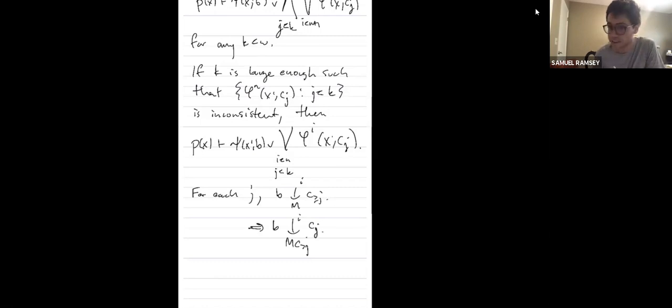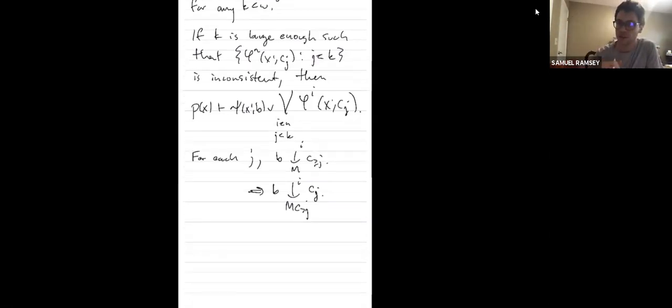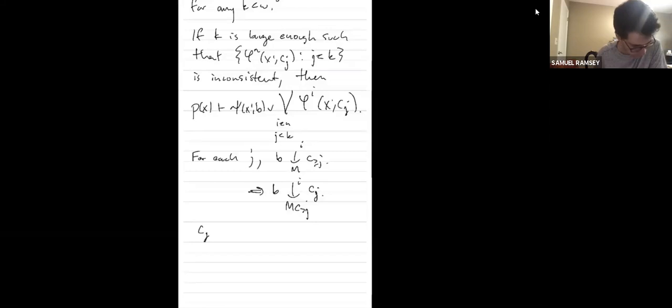This is by base monotonicity for invariance independence, which is clear. If you're invariant independent over a small base, then you're invariant independent over any one of its supersets. And we also know that C greater than j is invariant independent over M with Cj, because C greater than j realizes q to the omega over Cj. I mean, it came from a Morley sequence in some global M invariant type. So certainly we have this. So this and this together will imply by left transitivity that B C greater than j is invariant independent over M with Cj for all j.